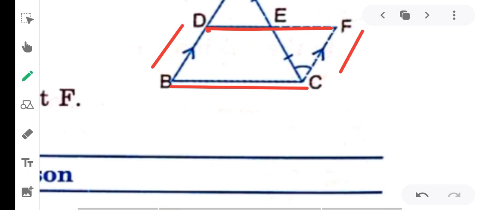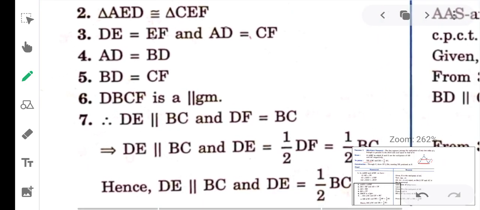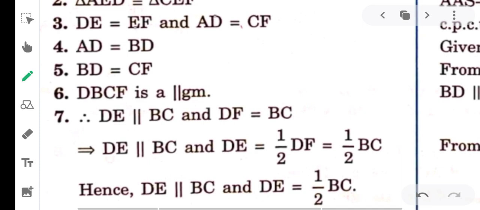Now if DF equals BC, then DE also equals BC. So write: DE parallel to BC because DBCF is a parallelogram and opposite sides are parallel and equal, so DE is parallel to BC and DF equals BC.